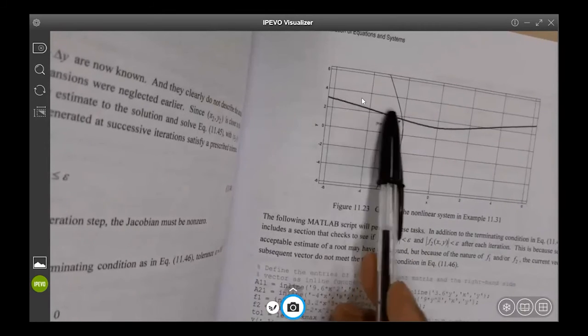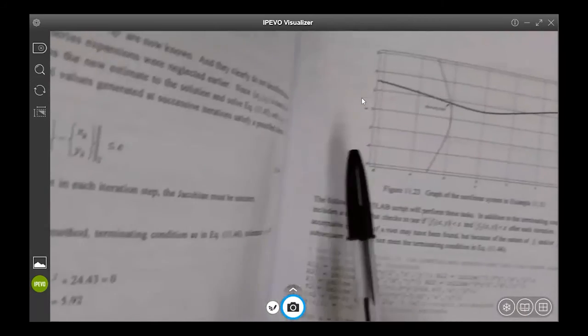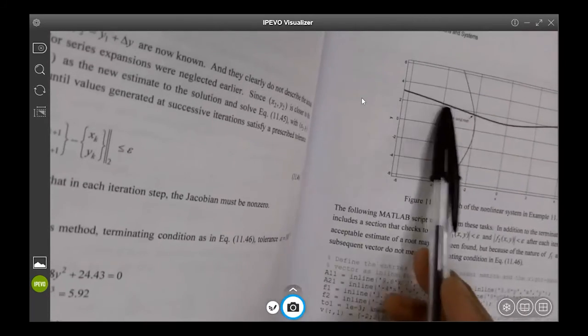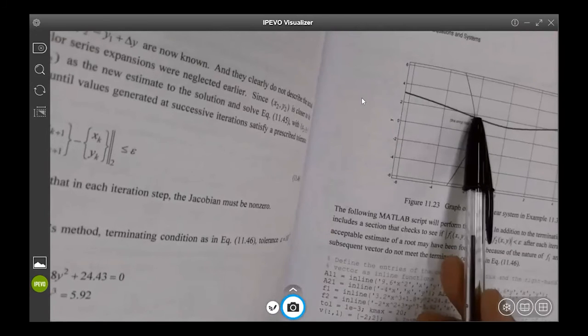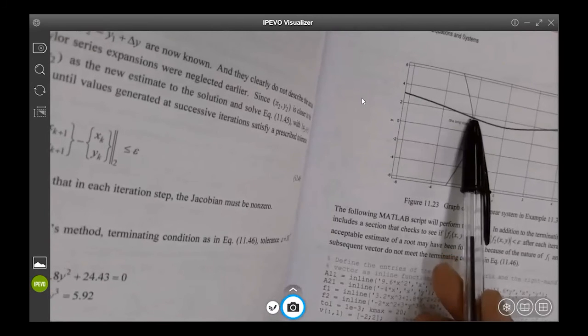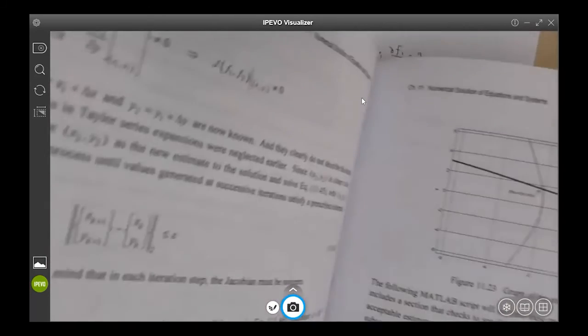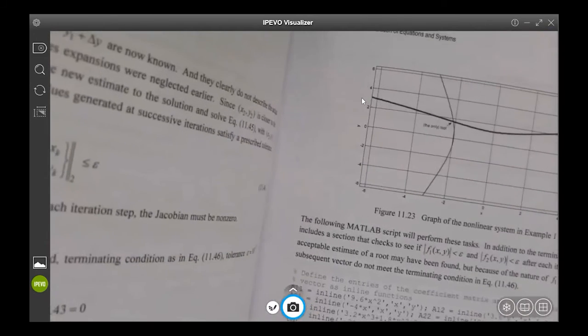Any point on this curve and on this curve satisfies that equation, f1 equals 0 and f2 equals 0. That is what each curve represents. And when they intersect, that means it is a common point which satisfies both f1 equals 0 and f2 equals 0 simultaneously. That's what we are trying to find out by the technique. Does it make sense? Yes.